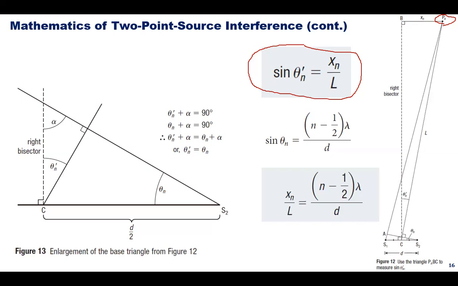Okay, so we can say that xn over L equals (n minus 1/2) times lambda over d. We can have this relationship here.